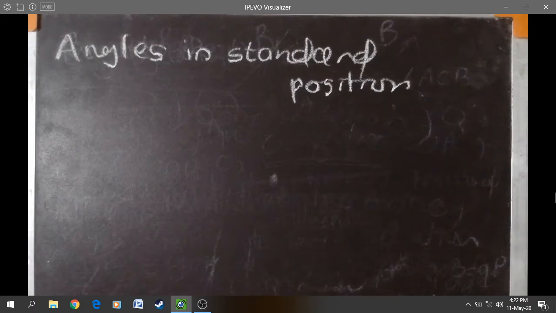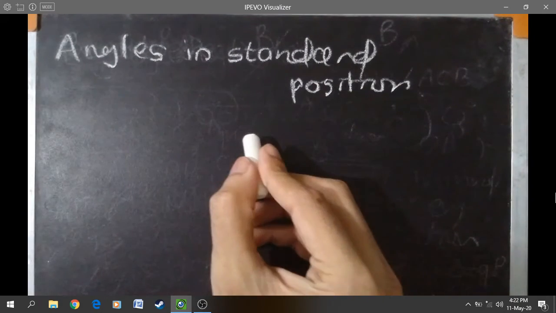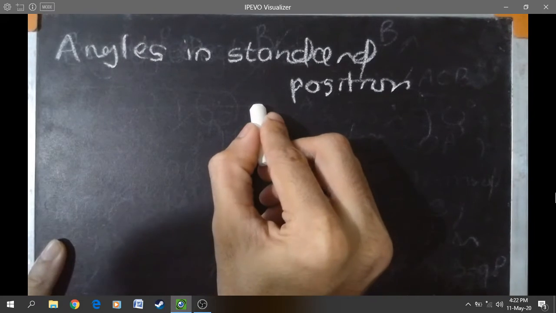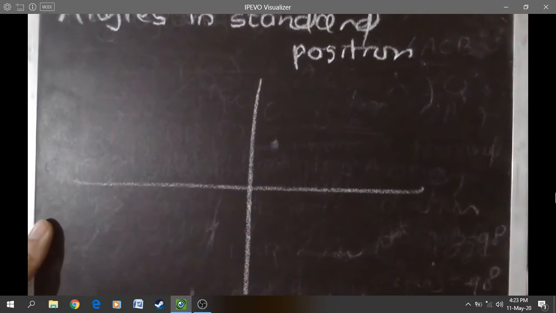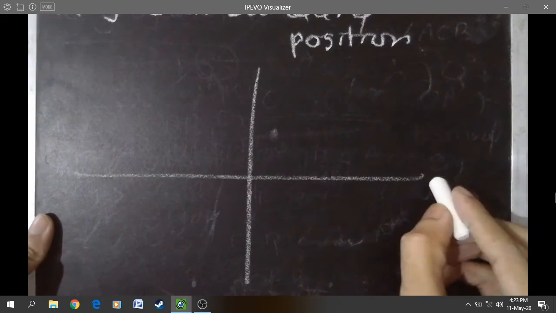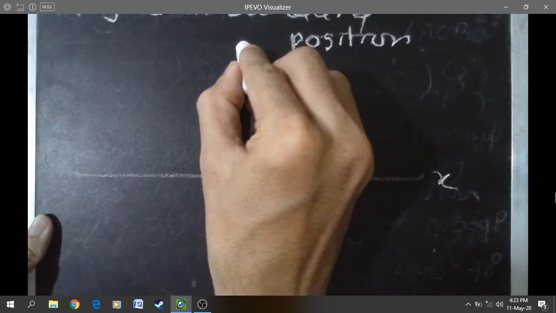In a rectangular coordinate system, a directed angle with its vertex at origin O and the initial ray along the positive x-axis is called an angle in standard position. We know the rectangular coordinate system. We draw a graph on our graph paper and use the x-axis and y-axis, right?